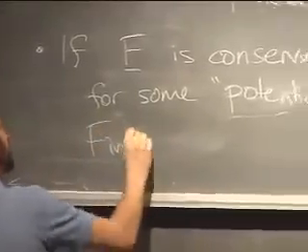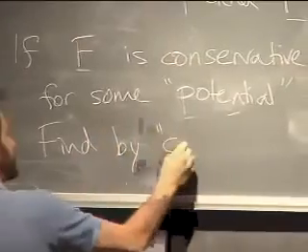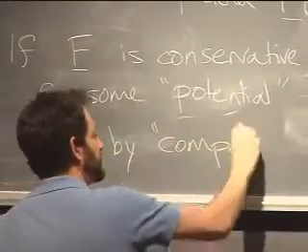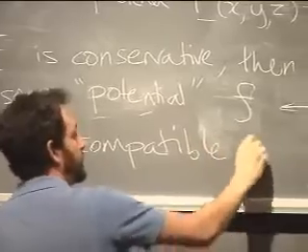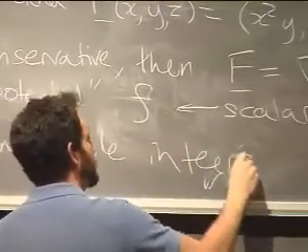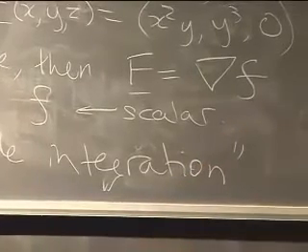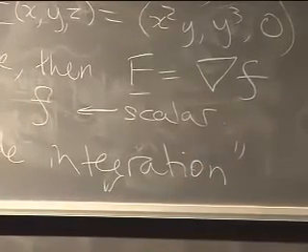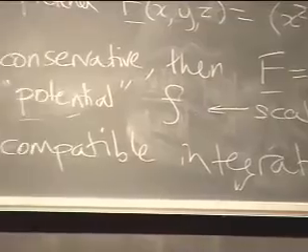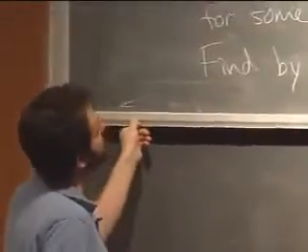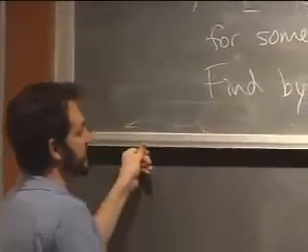And you find it by compatible integration, that's my nickname for it. It's best described by examples, and this will come. But once you've found it, then you have a beautiful piece of theory as follows.